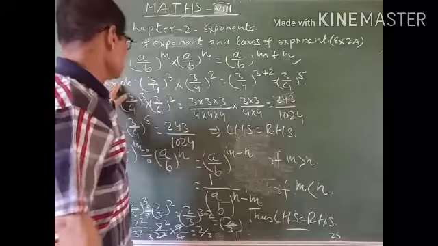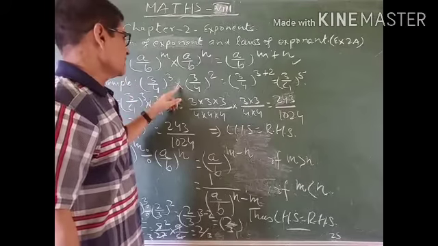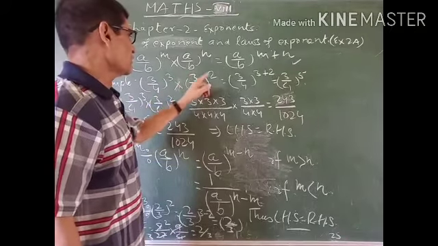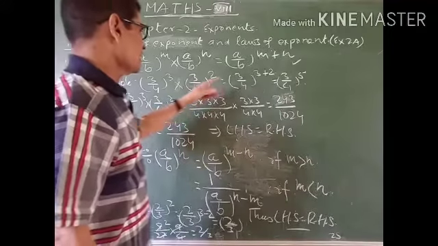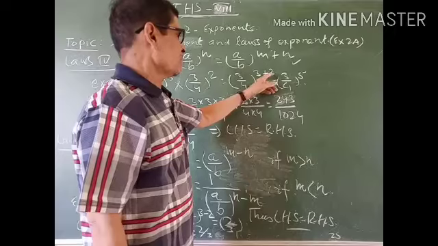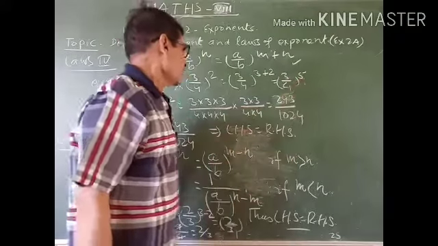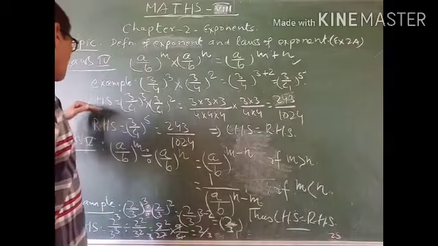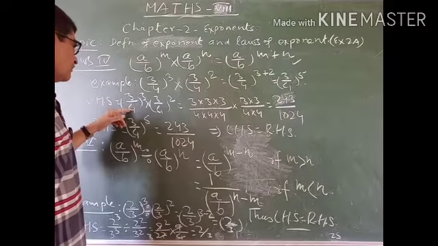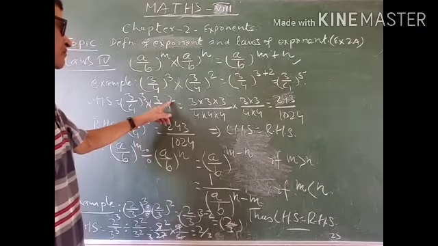For example, you can see here (3/4) to the power 3 into (3/4) to the power 2. This will become (3/4) to the power 3 plus 2, that is (3/4) to the power 5.